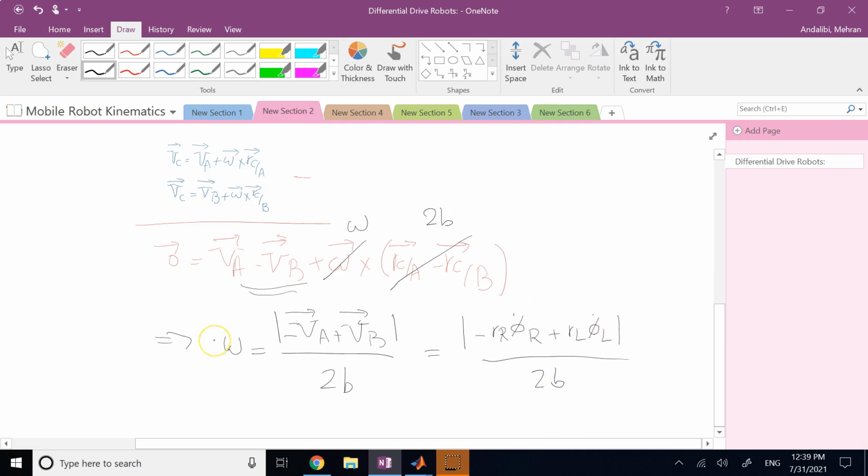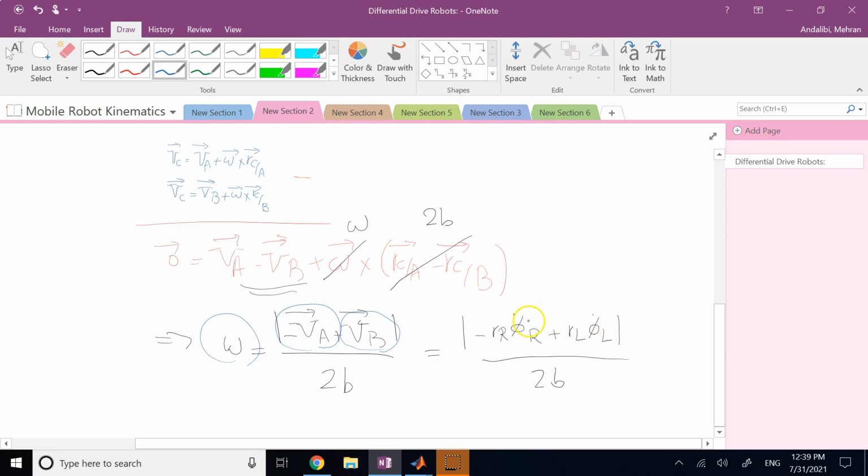So this magnitude is magnitude omega. And that's why you call it differential drive, because clearly you see now the difference between the velocities of the two tire centroids is going to determine how you would steer. If they are moving at the same speed, there will be no rotation. If one of them is rotating faster than the other, there will be a rotation.